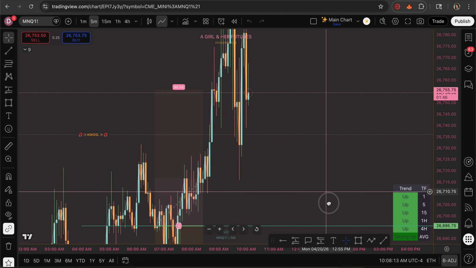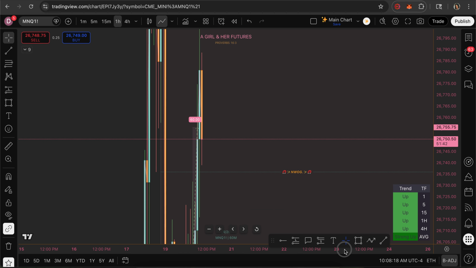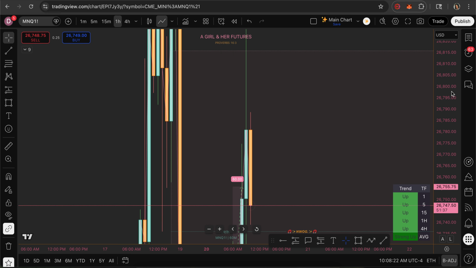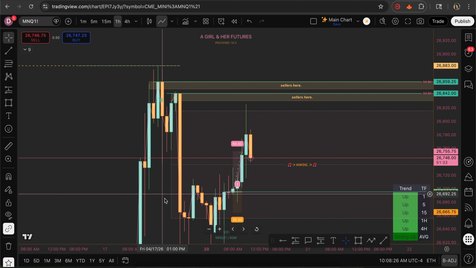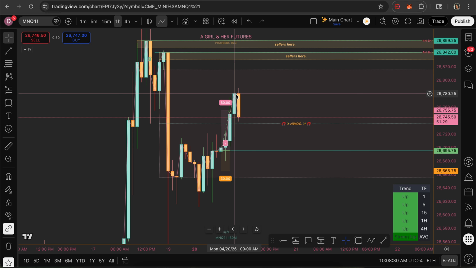That's basically just what I'm looking for, what I'm potentially seeing that could play out for today. Like I said, we have these sellers sitting at these highs. But yes, you guys, so again, I just let market structure show me what it wants to do. So we have this swing right here that could be getting printed right now. We have 51 more minutes until we know for sure.